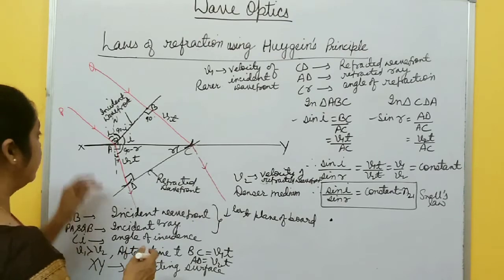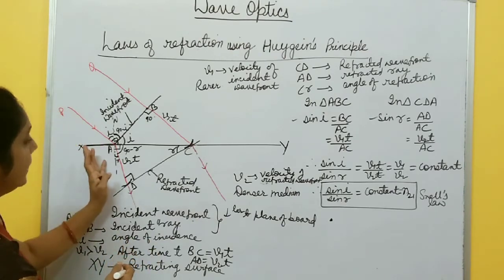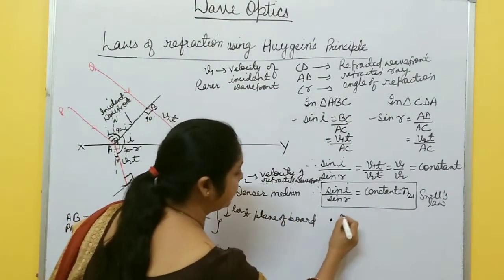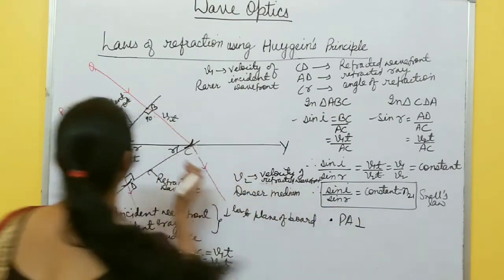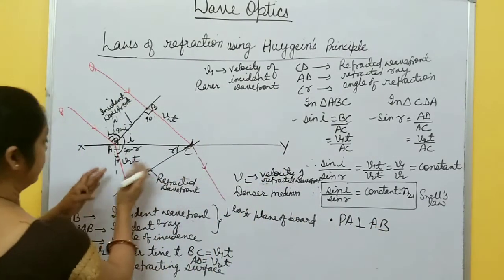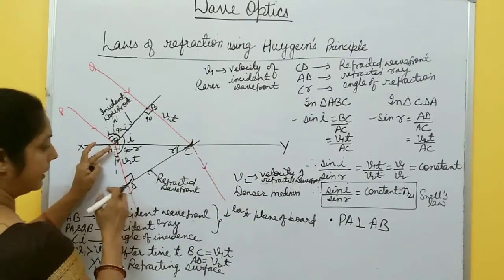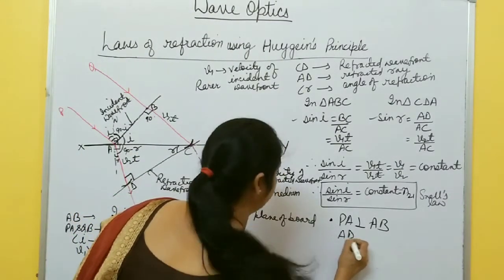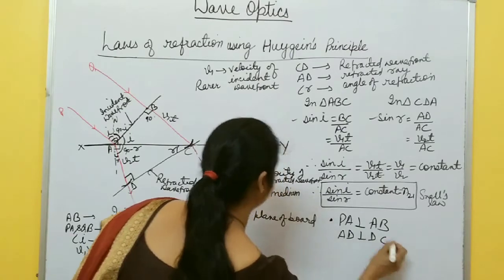And you know that this incident ray PA is perpendicular to the incident wavefront AB. And this refracted ray AD is perpendicular to the refracted wavefront DC.